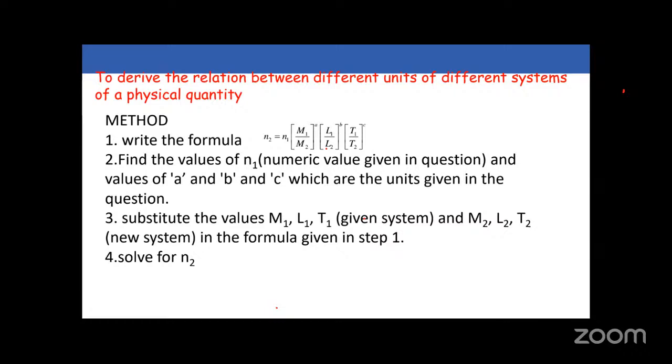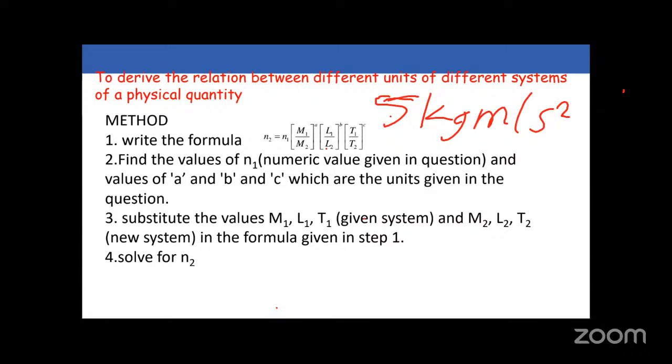For instance, if I'm given 5 kilogram meter per second square, which is a force unit. Force is mass times acceleration.